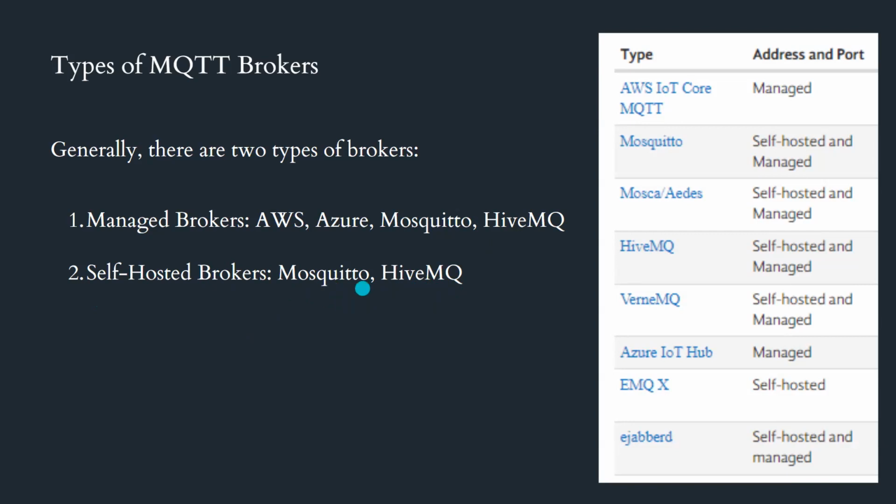And we can set up a server on our own device. So we don't need to request external resources from another location or that is owned by another person. We can download these Mosquitto and HiveMQ softwares and use them on our computer. So basically there are two types: managed brokers and self-hosted brokers.